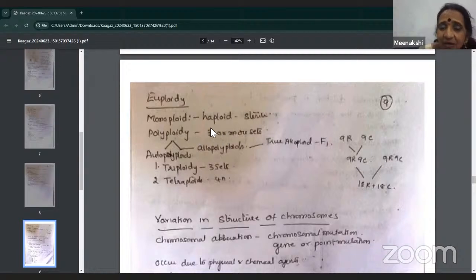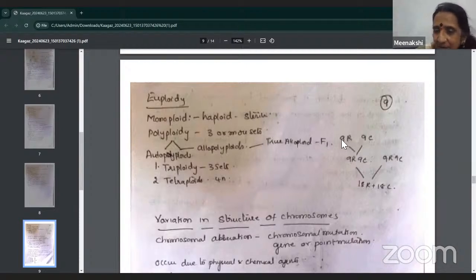Having 3 sets or more than 3 sets is called polyploidy. Under polyploidy, there are autopolyploidy and allopolyploidy. Autopolyploidy is based on the autosomes, triploidy, tetraploidy. Allopolyploidy generally refers to the sex chromosomes.